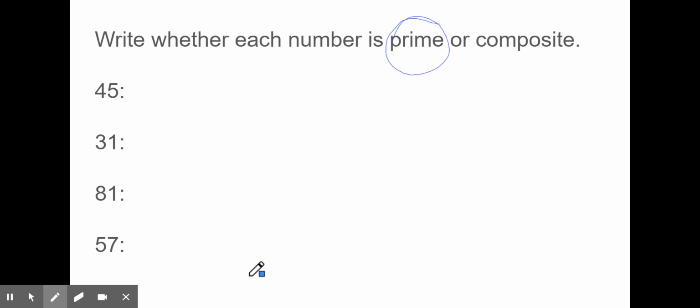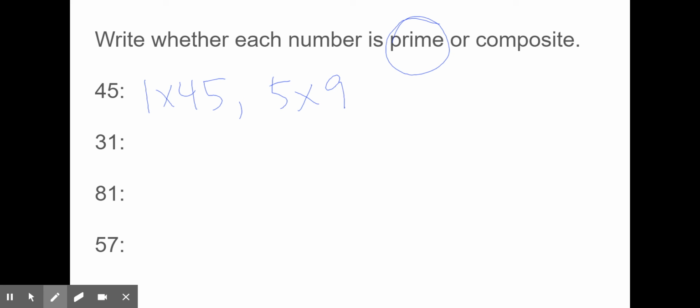All right, so looking at the number 45, we have 1 times 45. Now, if that was it, 45 would be prime, but it's not it. We know that 5 times 9 is 45.